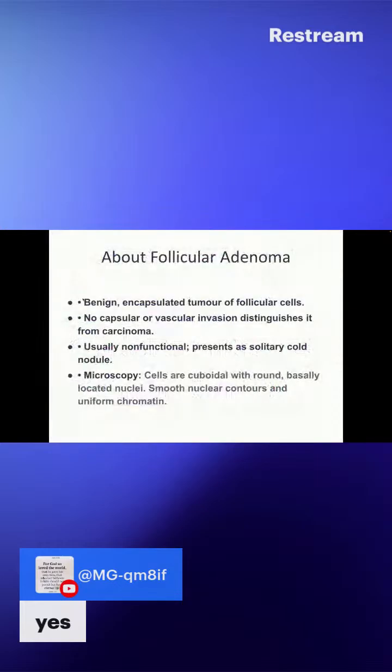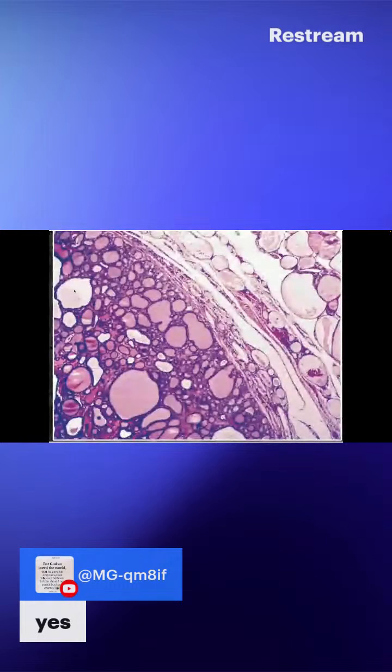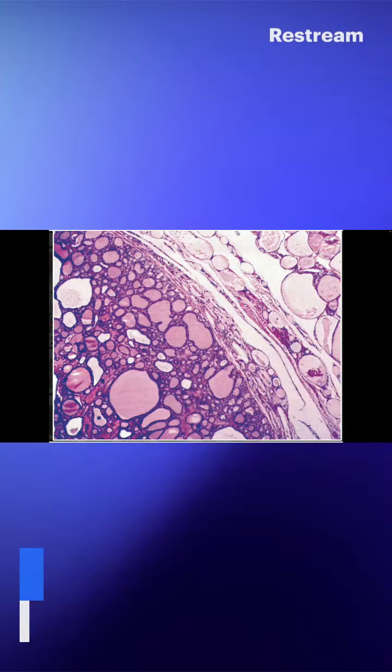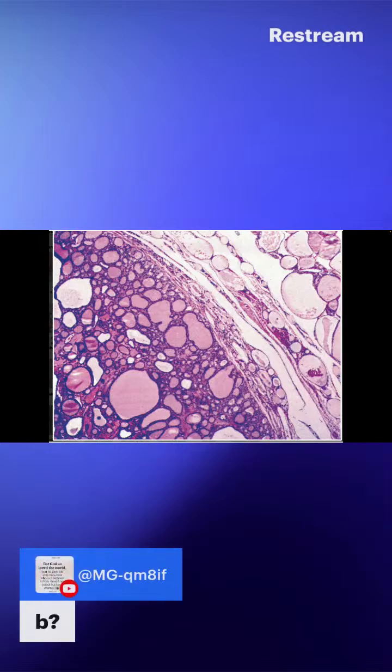Follicular adenoma is a benign encapsulated tumor of the follicular cells. You can see here the capsule is thin, but it has blood vessels. In other areas and other diseases, the capsule itself can be very distinct and very dense or widened.